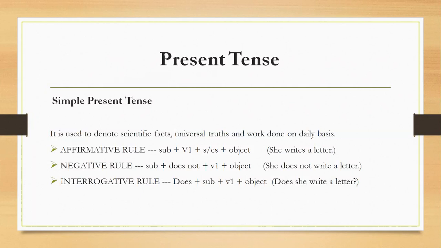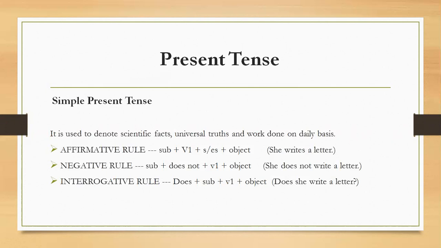Simple present tense indicates an action that is generally true or habitual. That is, it took place in the past, continues to take place in the present, and will take place in the future. This tense is used to denote a habitual action. For instance, you walk to school. General truths, for instance, the sun rises in the east.